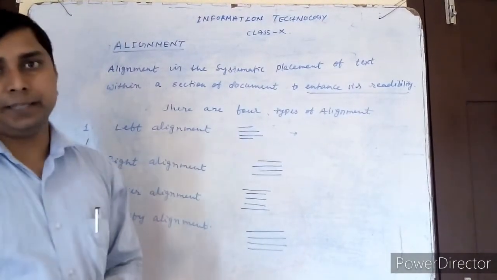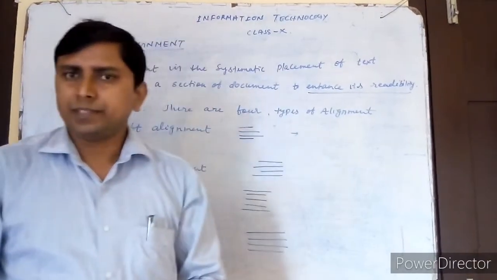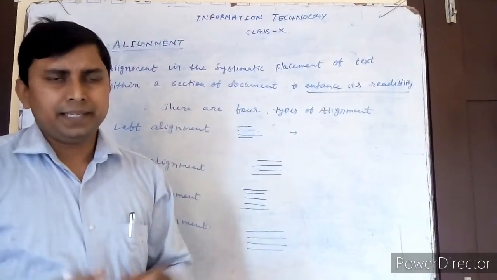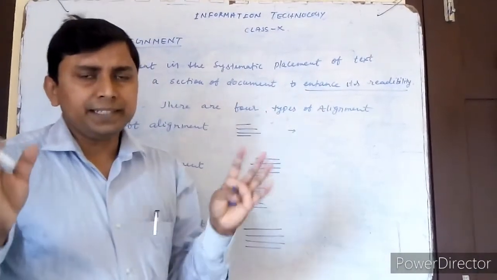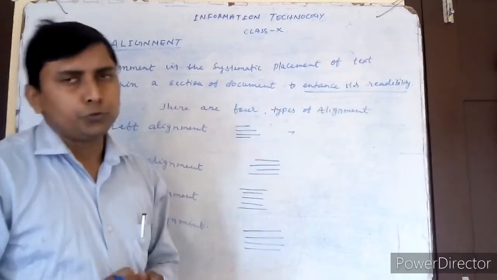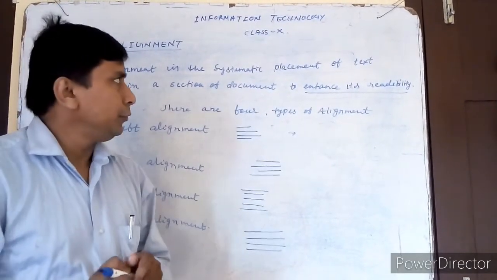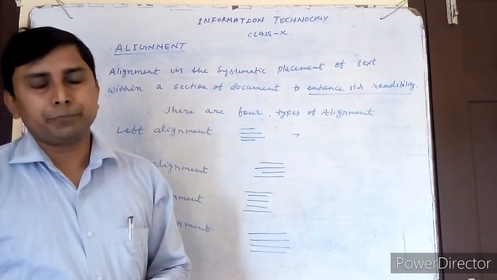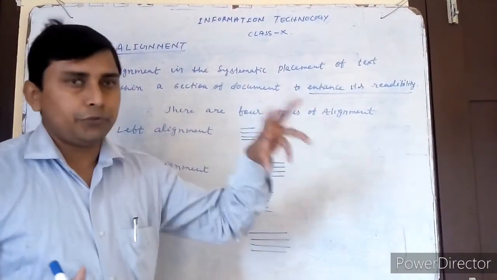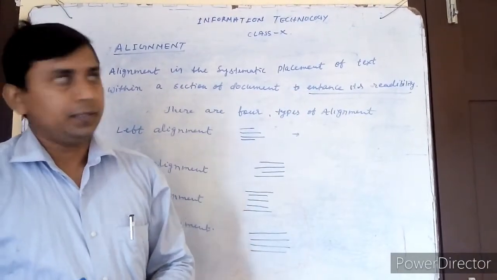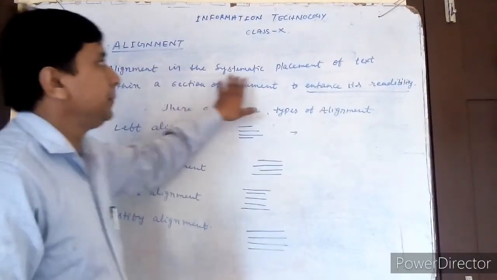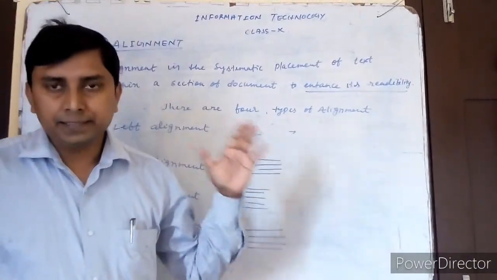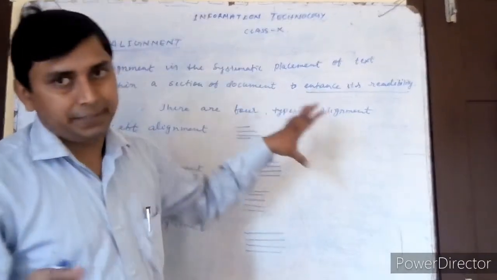If you type something as you wish, in any way, then it will not look good. If your text is not readable, then the user cannot read properly. So they have to follow a proper way. That's alignment. If we leave the margin, inside the margin we place the text.